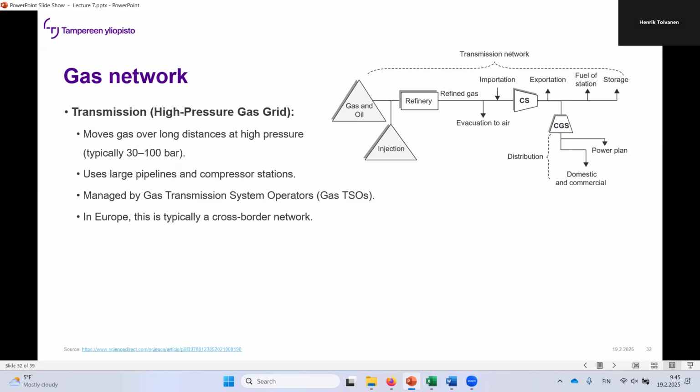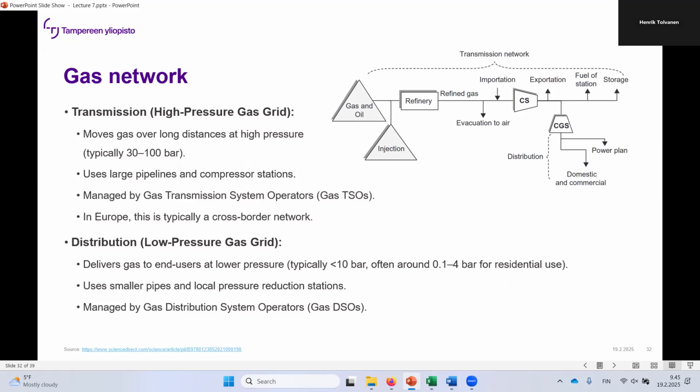You have compression stations, and then you have gas consumers: power plants, and domestic and commercial. And that's the distribution network, a lower pressure gas grid. And that's the same that's flowing right close to my home in Lempäälä. So the low pressure distribution network.